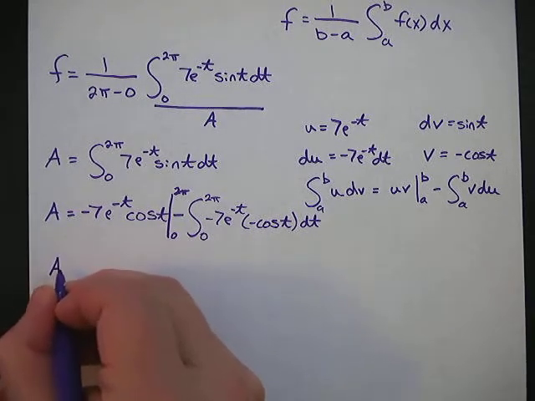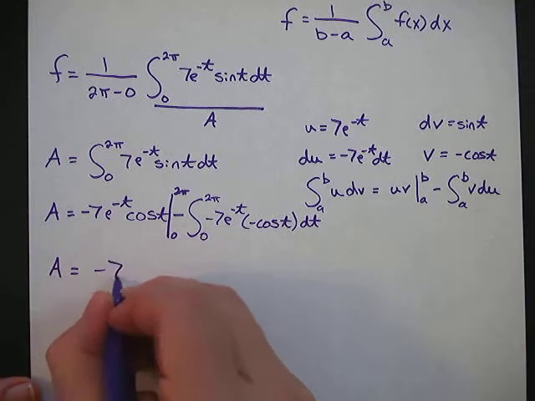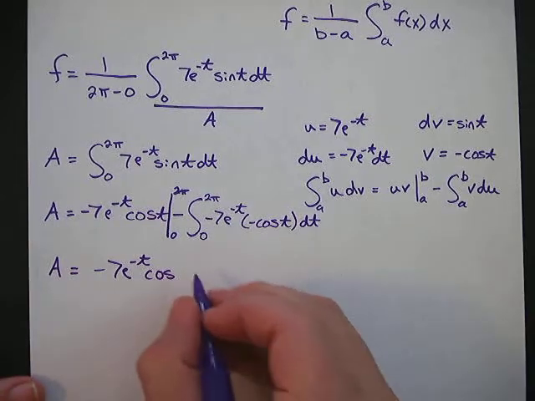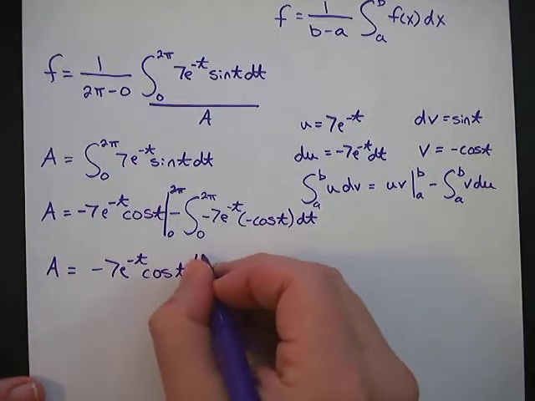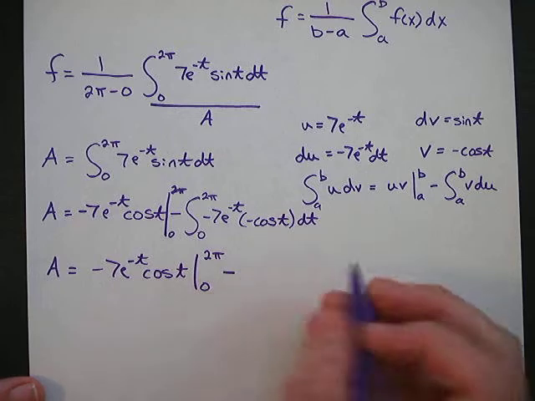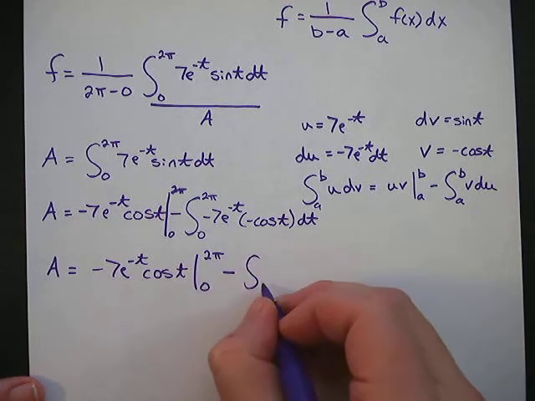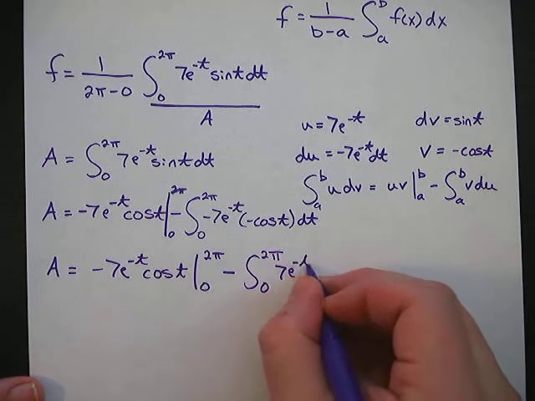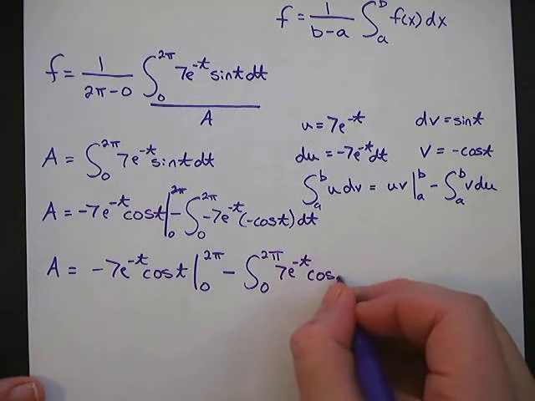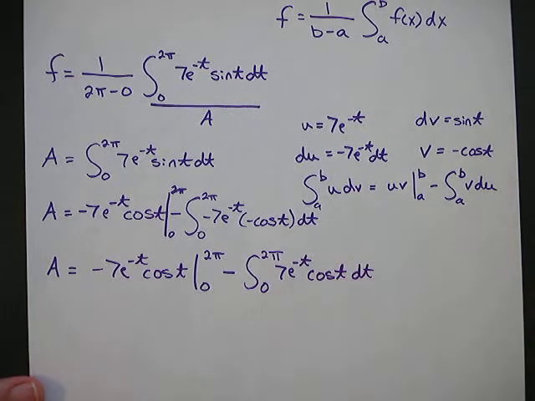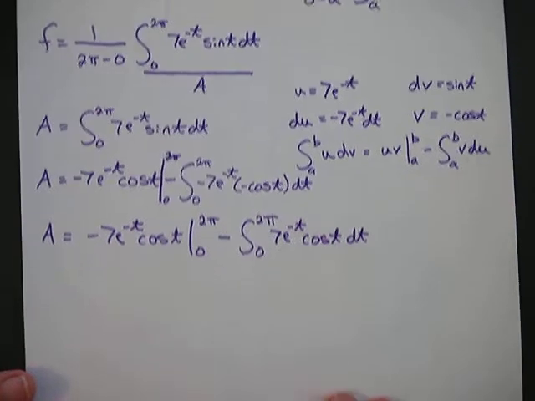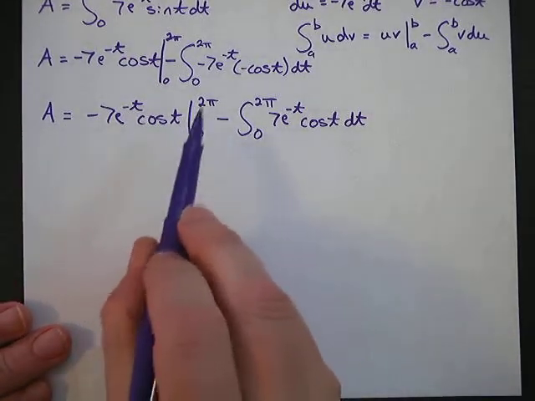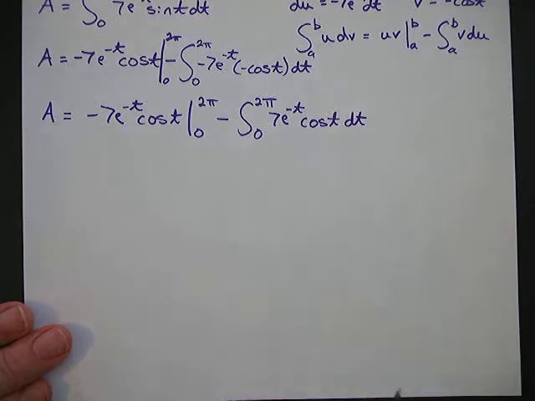So a is equal to negative 7e to the negative t cosine t integrated from 0 to 2 pi, minus, because we have 3 negatives, the integral from 0 to 2 pi of 7e to the negative t cosine t dt. Okay, so we're not yet going to apply these limits here. We're going to work on this problem.